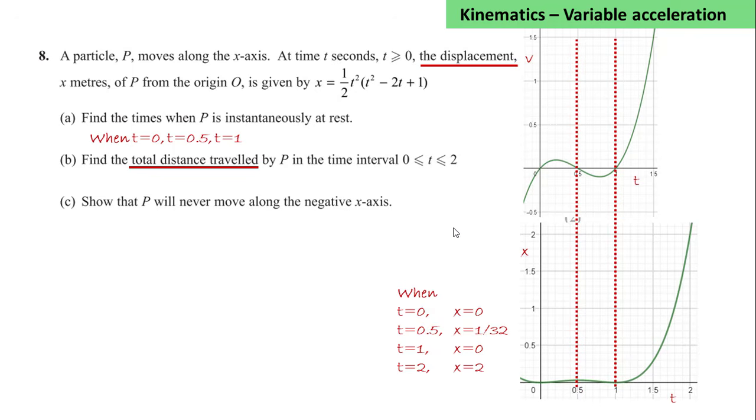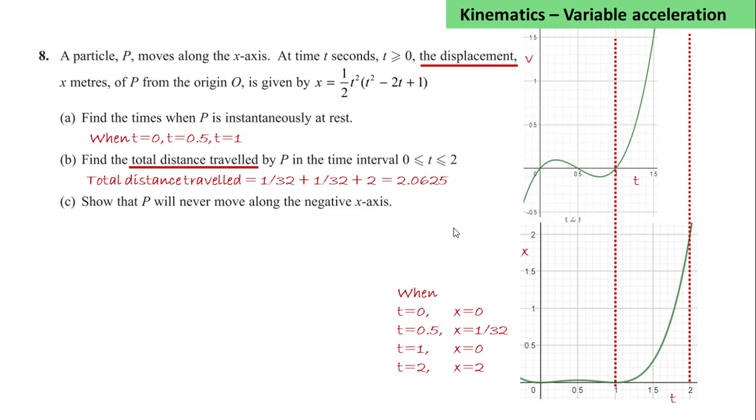Between t equals 0.5 and t equals 1, the velocity is negative and it's travelled a distance 1 over 32 back to the origin. And then between t equals 1 and t equals 2, it's travelled a distance of 2 away from the origin. So the total distance travelled will be 1 over 32 out, 1 over 32 back, and then 2 out, making a total distance of 2.0625.